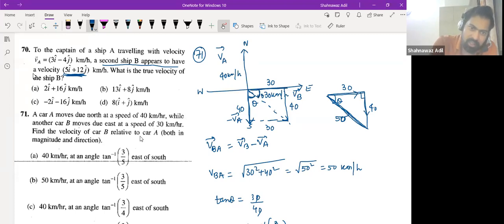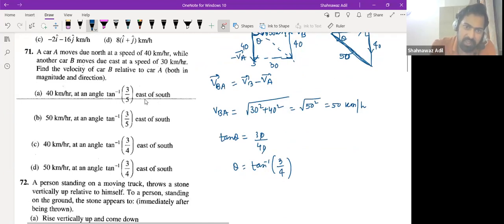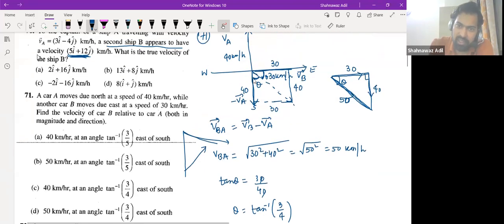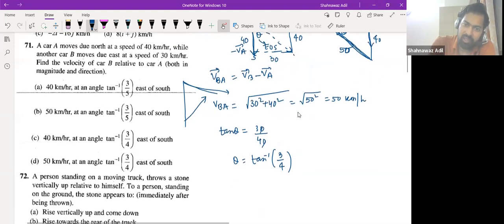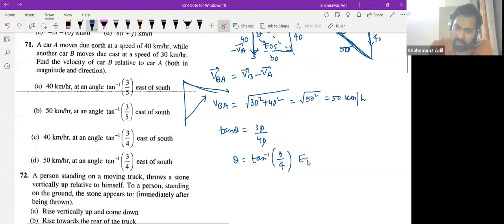But all these angles are given as east of south. So we are in the south direction and then we have to go east. So this angle is east of south.